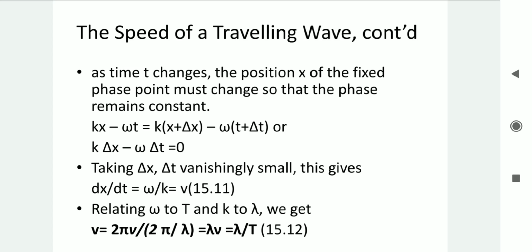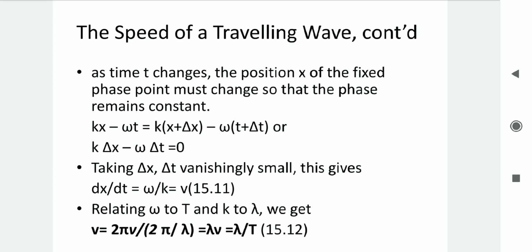Here the speed of this mechanical wave is determined by the linear mass density or mass density, that is the inertia, and the elastic properties of the medium, based on its Young's modulus for a linear medium, or shear modulus or bulk modulus. So the medium will determine the speed of the traveling wave.